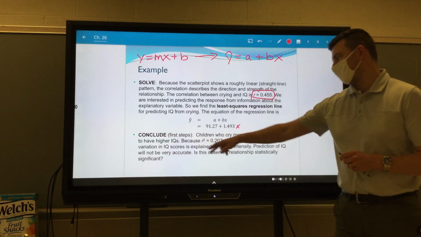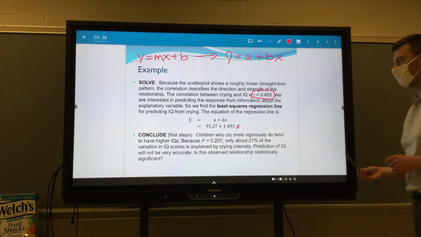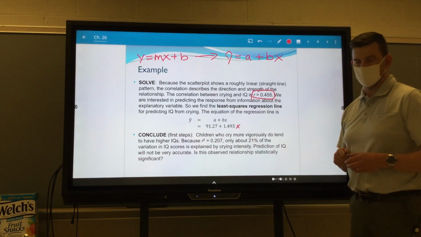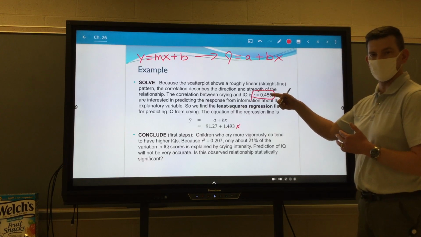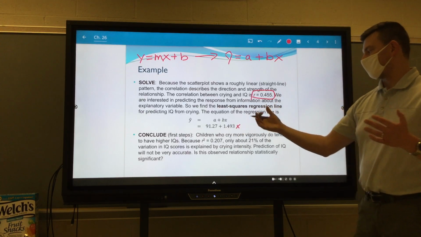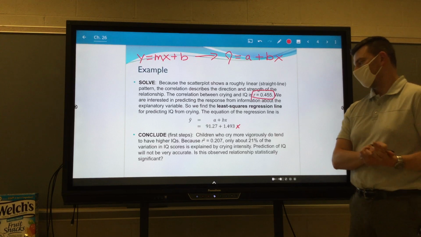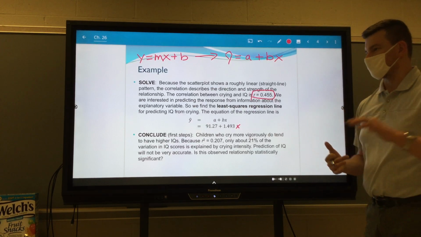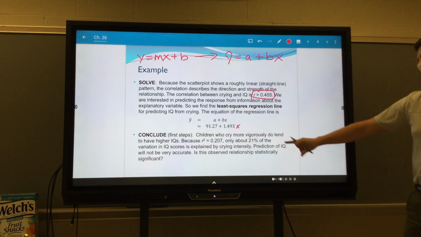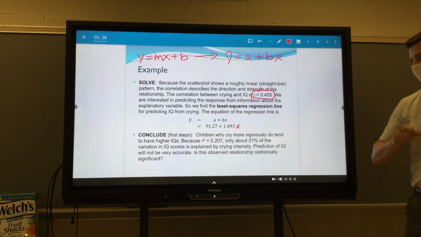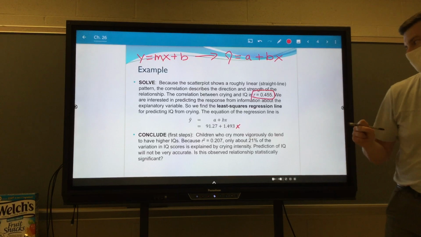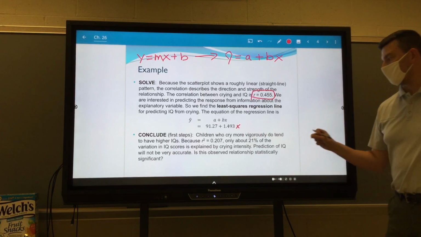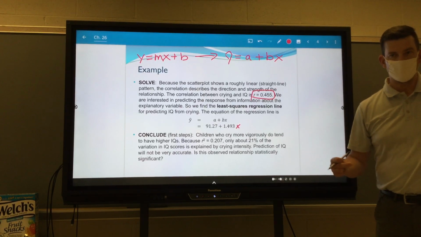Additionally, we have an R square value. We talked about what R square means. It is literally squaring this R value. But in this case, it corresponds with 0.207. R squared is about 21%, which means about 21% of the variation that we see can be explained by the crying.